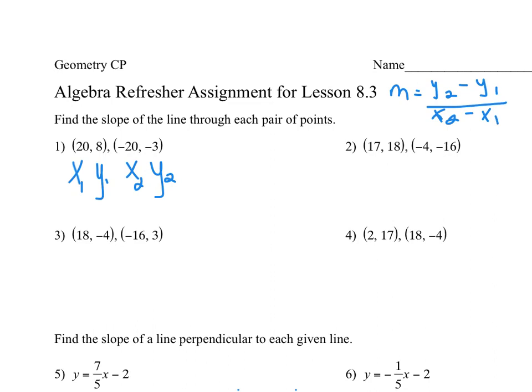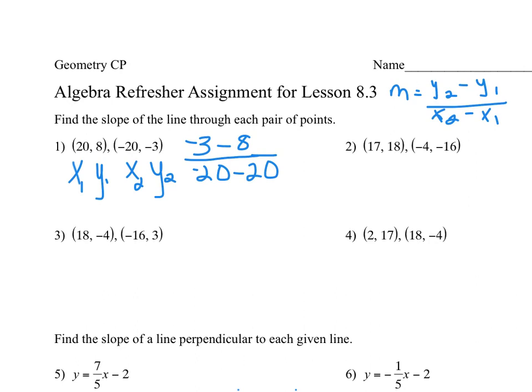So as we substitute these values right into the arithmetic formula, we are going to get for number 1, negative 3 minus 8. Remember, minus is part of the arithmetic no matter what sign I have for y1. So if it's a negative for y1, we want to do minus a negative. So we have negative 3 minus 8 for the numerator, and in the denominator, negative 20 minus 20.